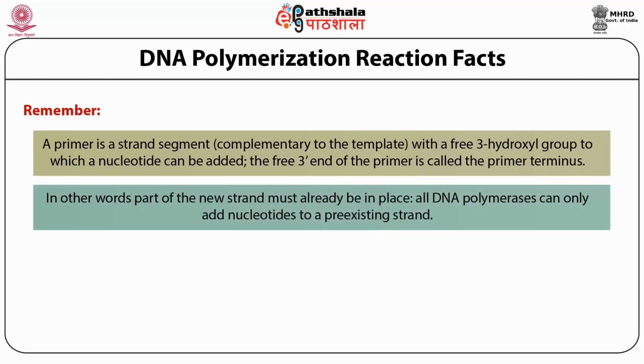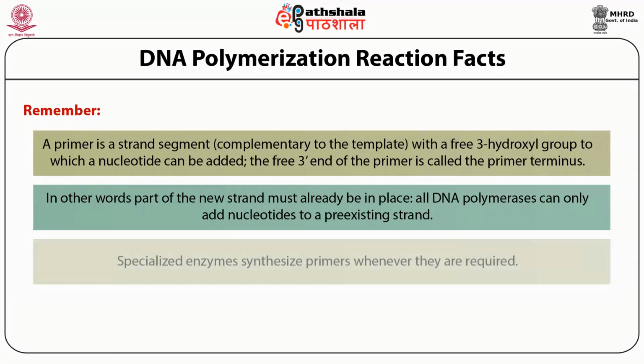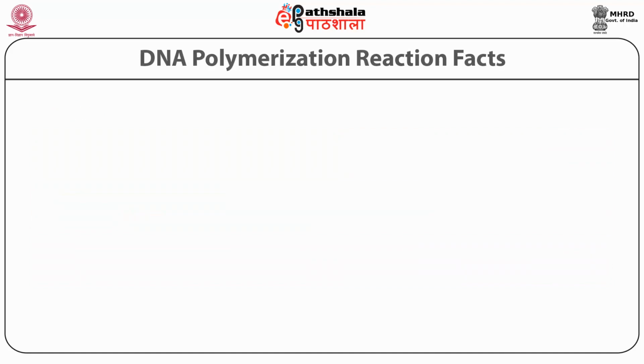In other words, part of the new strand must already be in place before the DNA polymerase can act, and all DNA polymerases can only add nucleotides to the pre-existing strand. Specialized enzymes synthesize primers whenever they are required. DNA polymerization reaction facts.